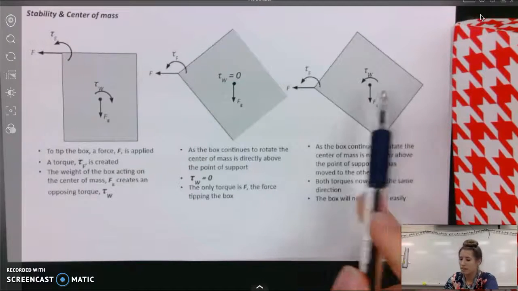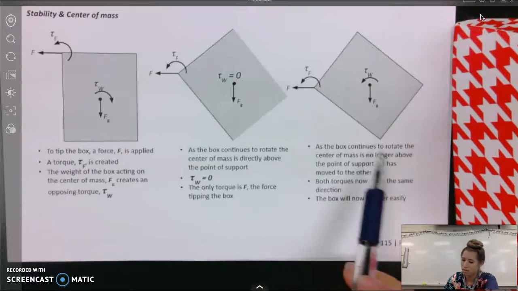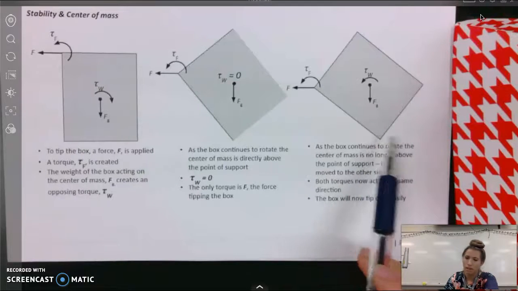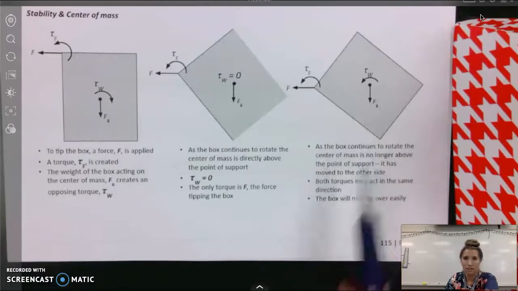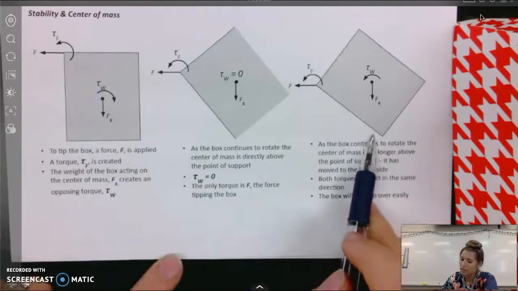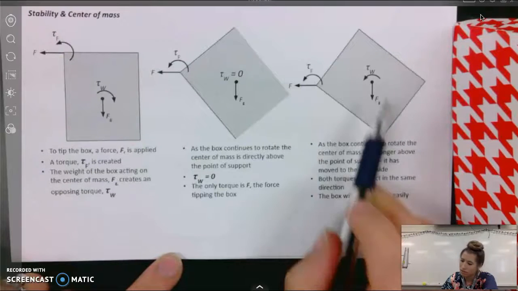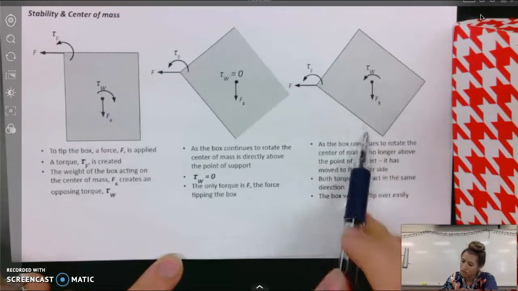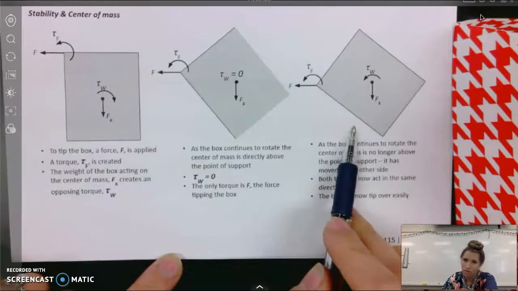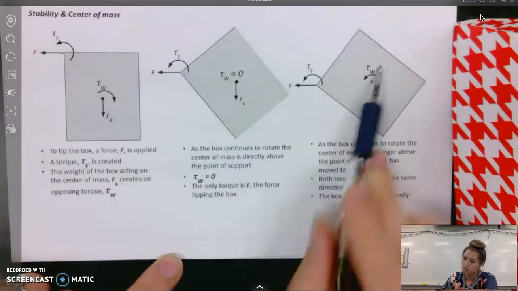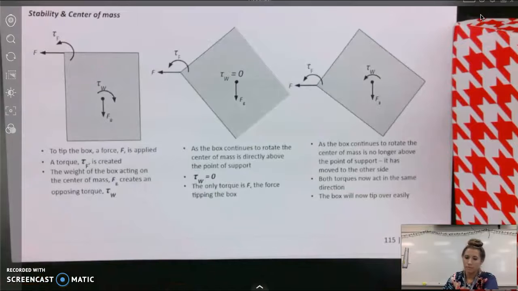And once that center of mass passes that point of support, once it passes the base of the object or the point of rotation, now it's on the other side of that point of rotation, and so it's going to cause a torque to go this direction. So now we have 2 torques causing it to fall over. Okay? So there's the science behind it.